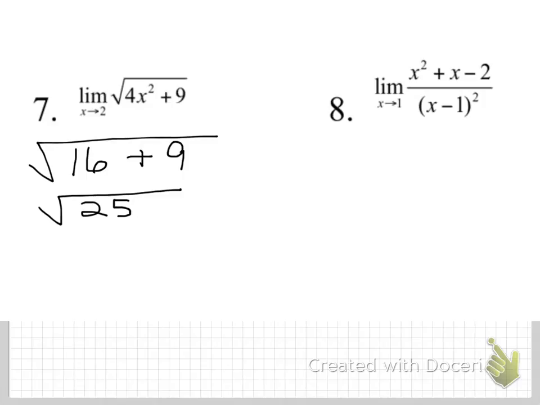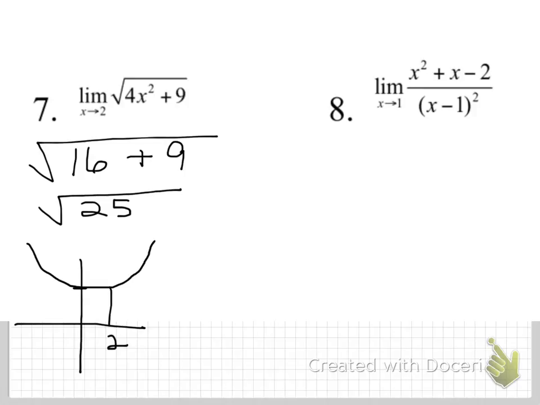At this point, you want to take a peek at what that function looks like. If I were to graph that function, it would look something like this, with this little flat area right around that. As x goes to 2, my function is approaching only positive 5.